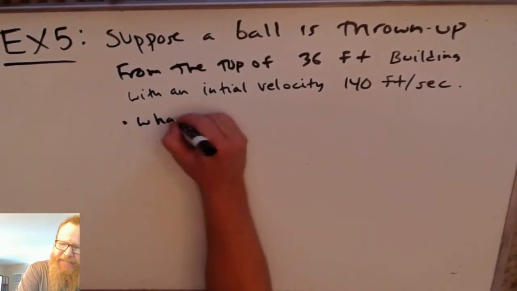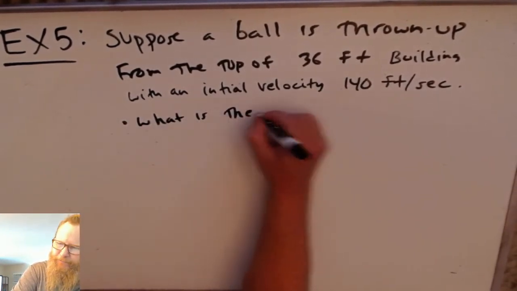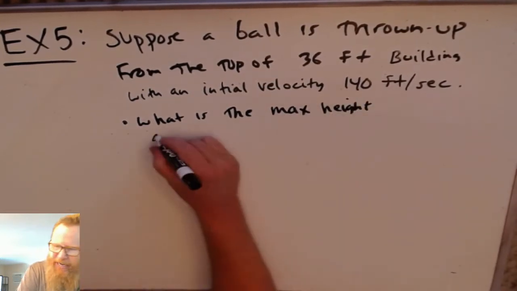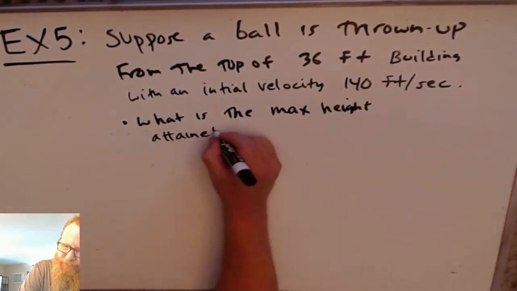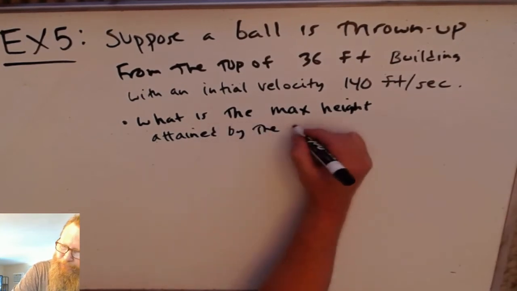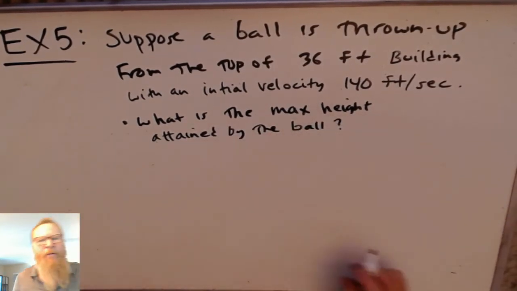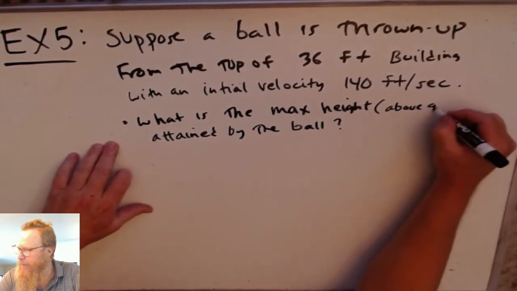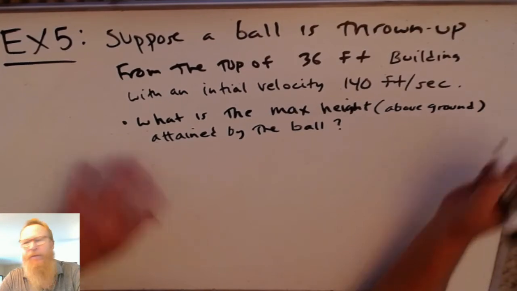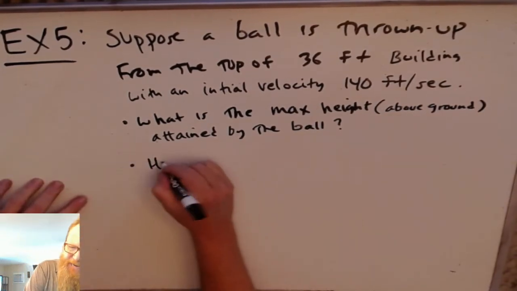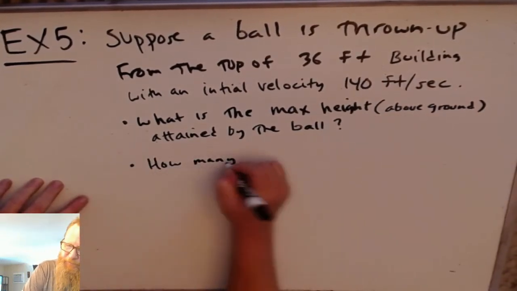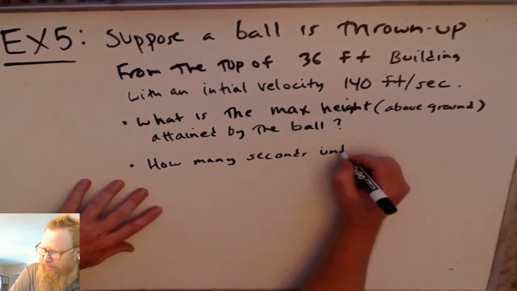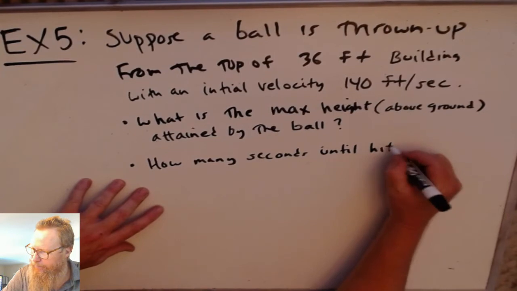What is the max height attained by the ball? And I mean height above the ground, not above the building. How many seconds until the ball hits the ground below?